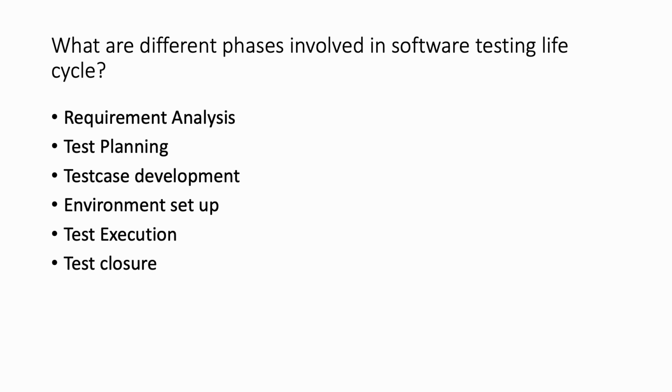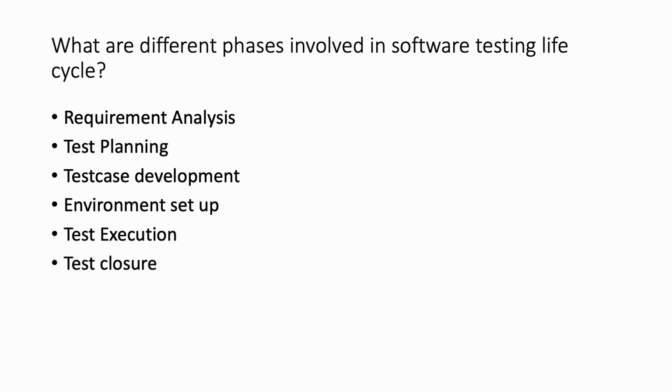So, what are the different phases involved in software testing lifecycle? For every process, wherever you go, there are certain phases to follow. To do something, we need to go through certain phases, right? Whenever we are going to test an application, or a product, we need the information about that particular application or product.